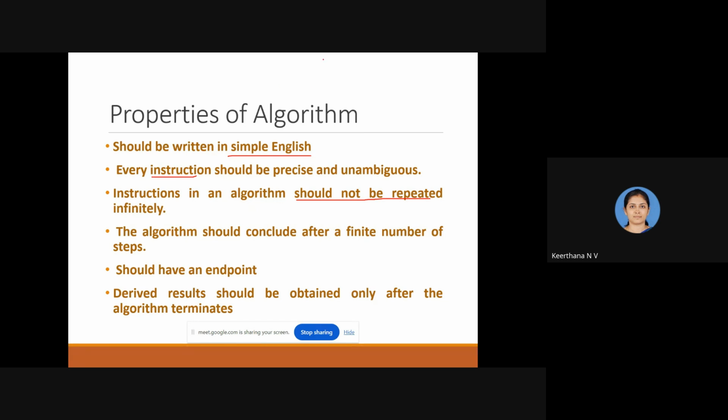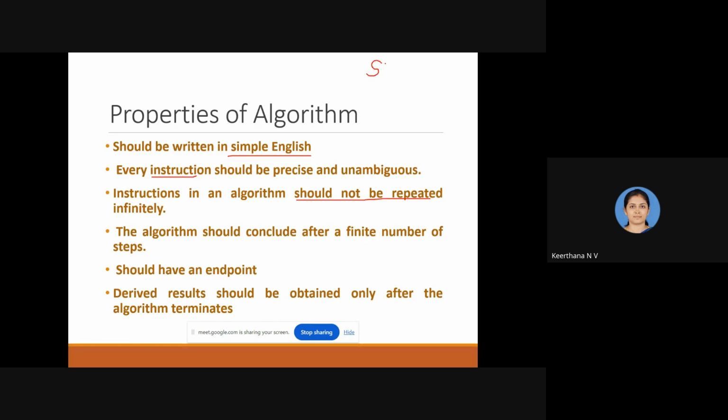Suppose you are writing step one as start the program. You should not include that start the program step everywhere in your algorithm. That's why you write an algorithm without repeating the steps. So next one is, every algorithm should have a conclusion.